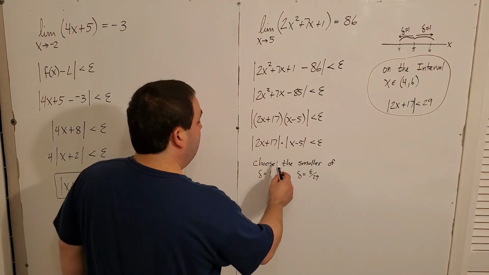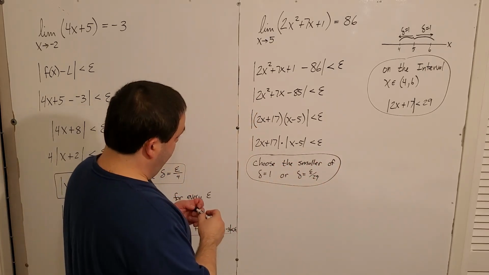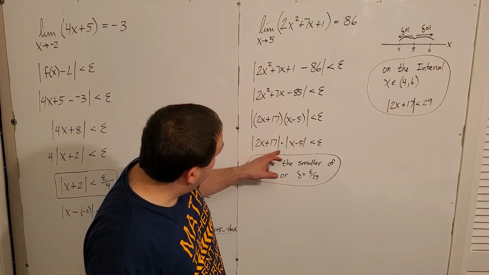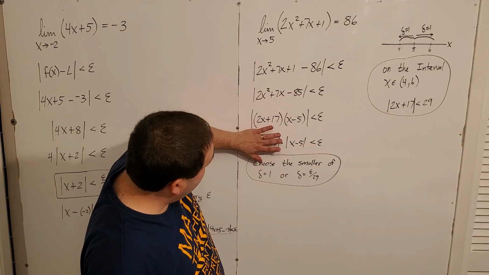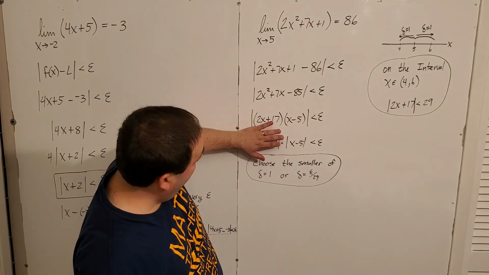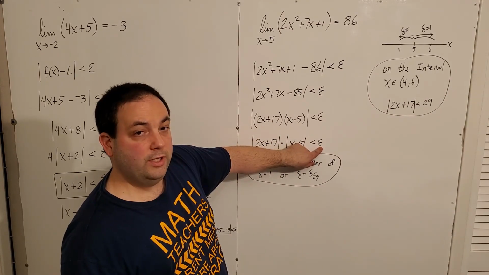Okay, now watch. Where did this come from? Let's look at it. I'm saying that the 2x plus 17 is less than 29. So imagine there's a 29 over here, and I divide it over. That would be epsilon divided by 29, wouldn't it?